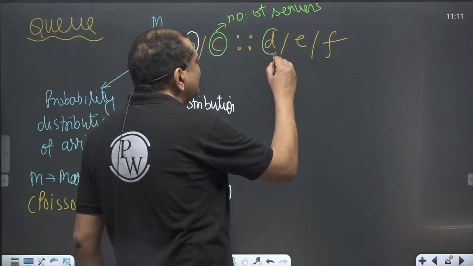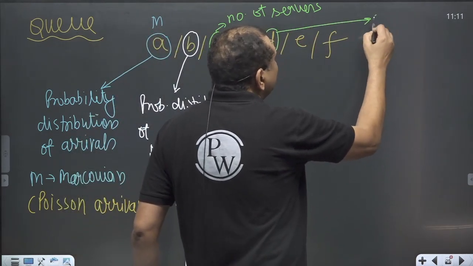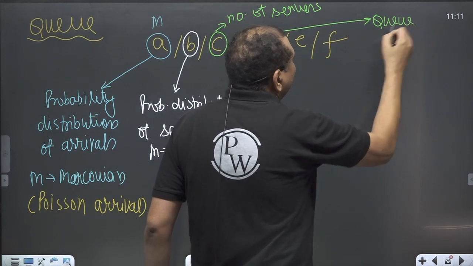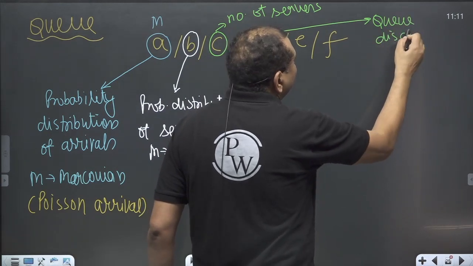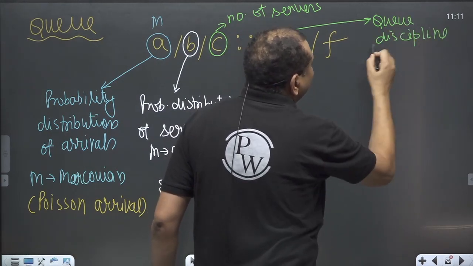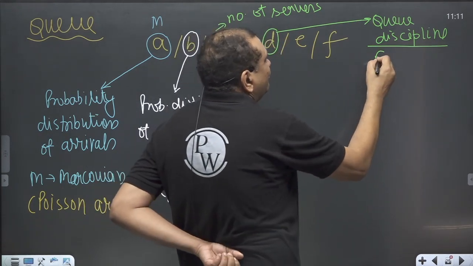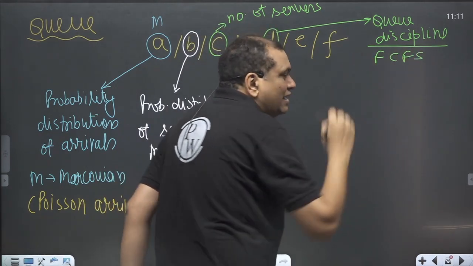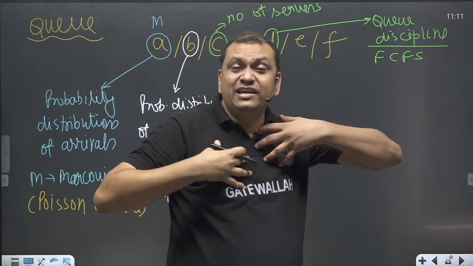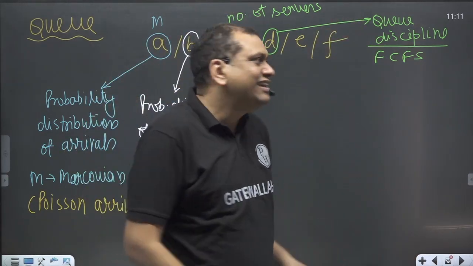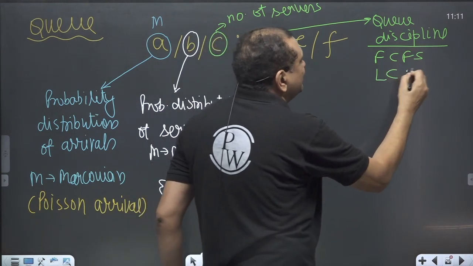This D is the queue discipline. Queue discipline means first come first serve, where the person who came to our facility first should be served first, or last come first serve.